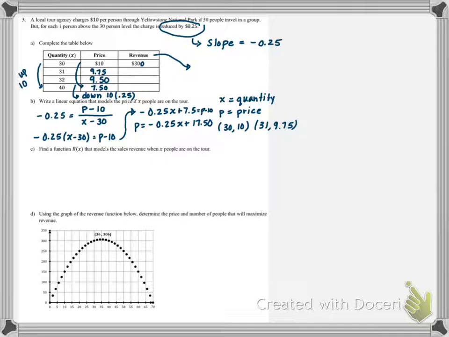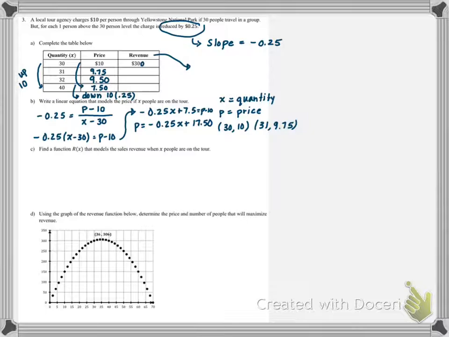So if you know the price of each item and you know the quantity of items that you sold, how would you find your revenue? Like if I sold 10 t-shirts for... Multiply the quantity and price. Yeah, right? If I sold 10 t-shirts for $5 each, I made $50 off of them, right?